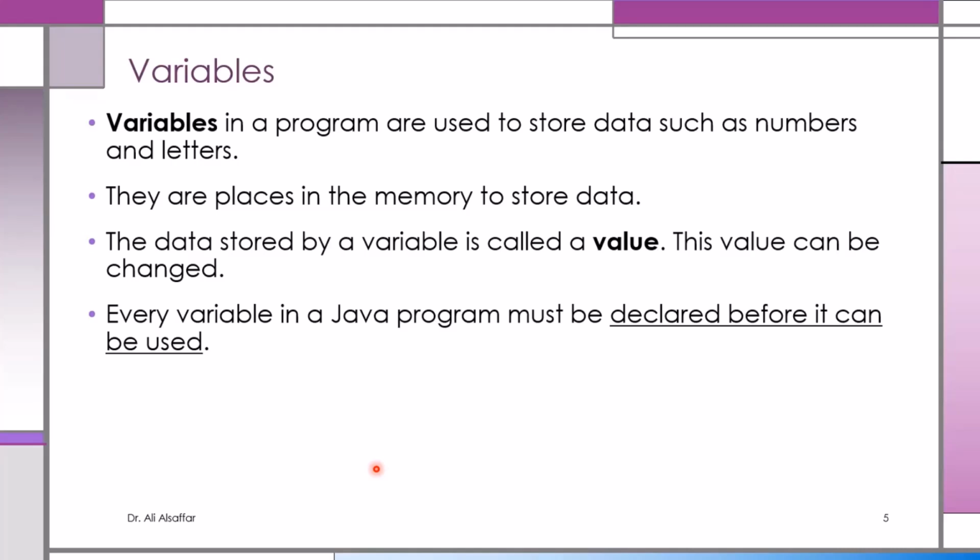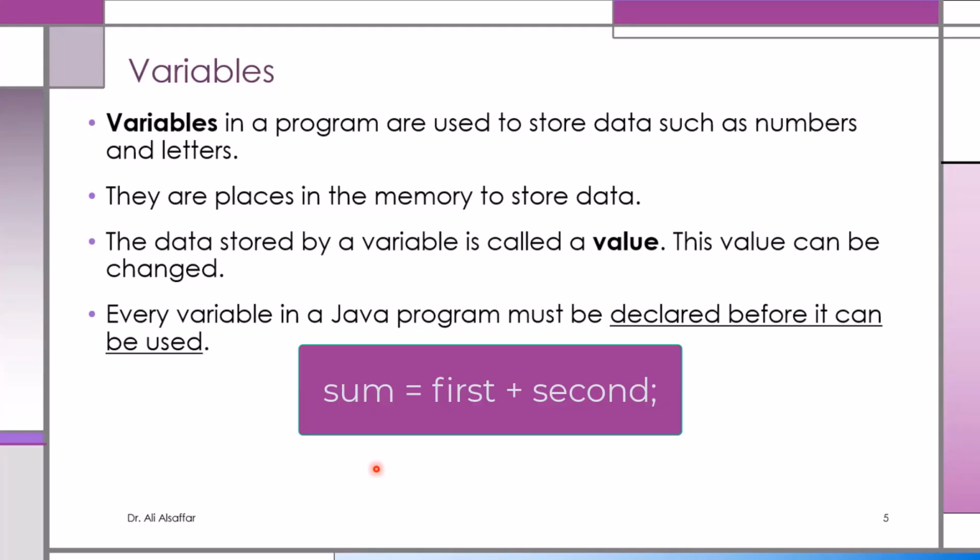Every variable that you want to use in your program must be defined, declared. When we say declare, it means show what variable you are using. For example, if you have sum equal first plus second, here you have 3 variables.